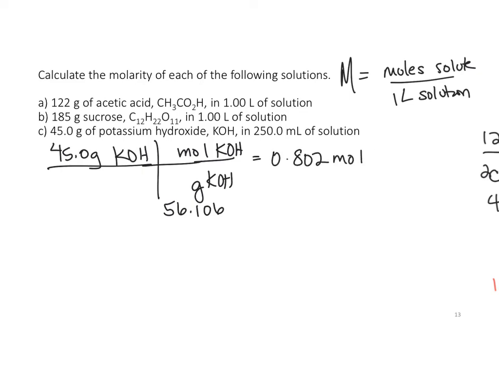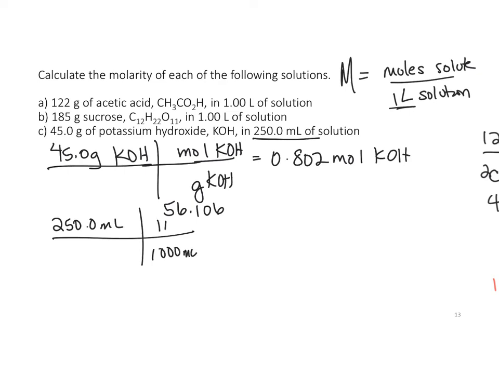0.802 mole of KOH. And then it's in 250 milliliters, but I need liters, so I've got to convert that. 250 milliliters, and there's 1,000 milliliters for 1 liter, and so 250 divided by 1,000 is 0.250 liter.